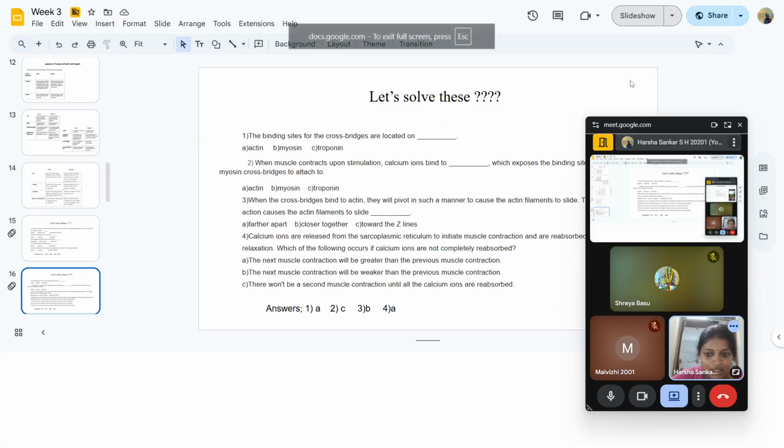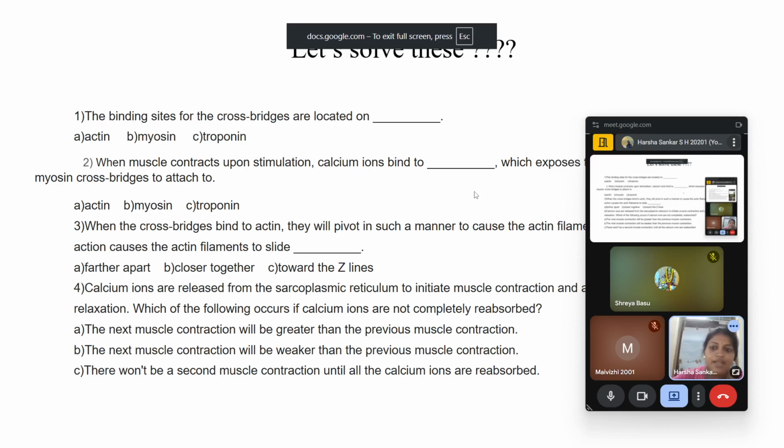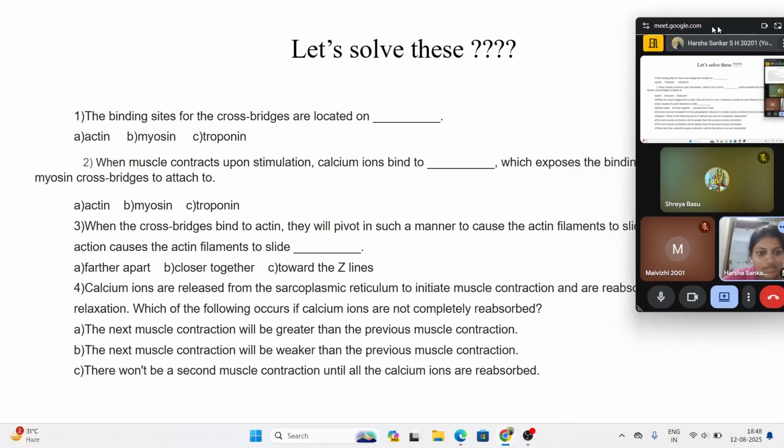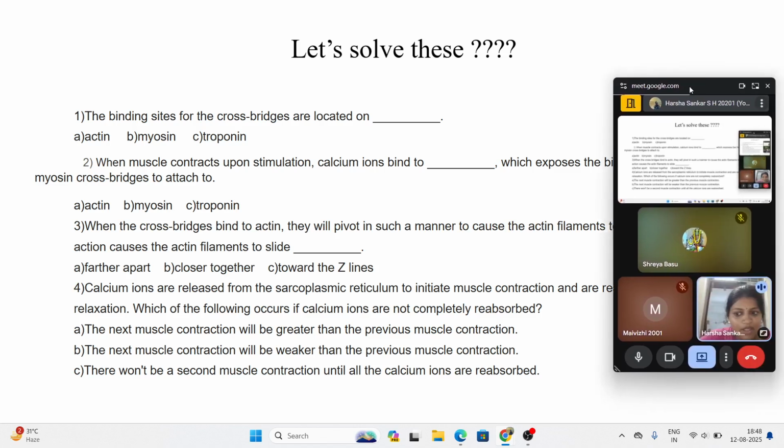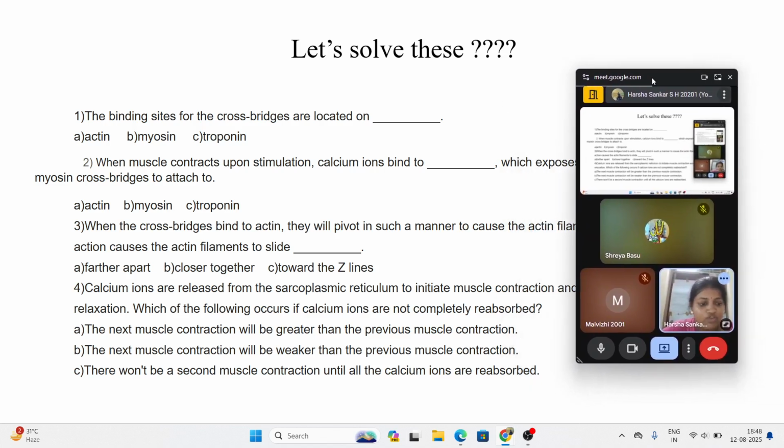Next question. When muscle contracts upon stimulation, calcium ion binds to dash, which exposes the binding site for the myosin cross bridges to attach to. So first step, as we discussed, is the release of calcium and calcium binding to some point. So what is that calcium binding point?